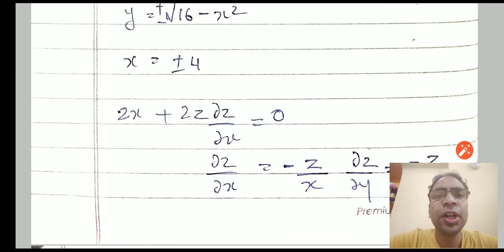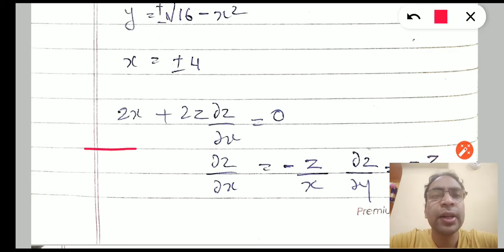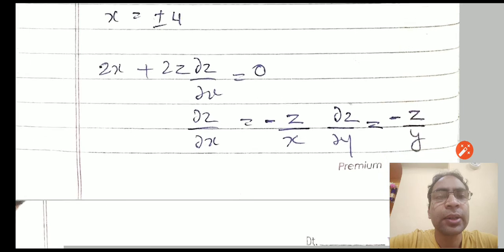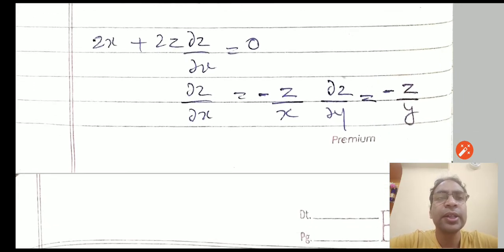Now on differentiating the equation, we get 2x plus 2z del z by del x is equal to 0, from which we can obtain the value of del z upon del x. So here del z upon del x comes to be minus of x upon z.